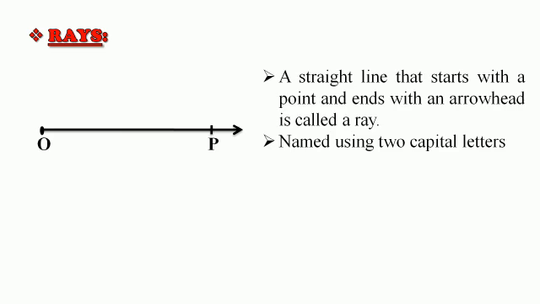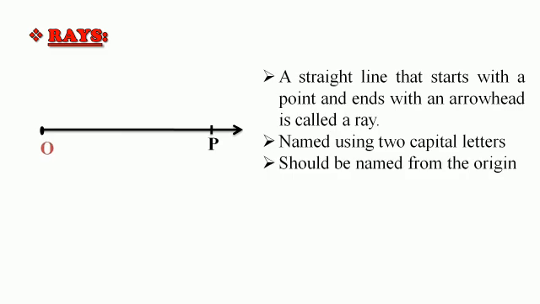We should always name a ray starting from its origin. The name of the ray shown in the figure is ray OP. Unlike a line or a line segment, we cannot reverse the name of a ray as ray PO.